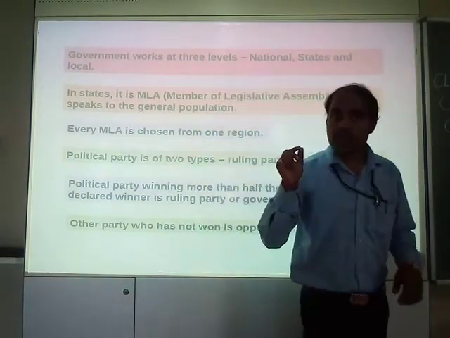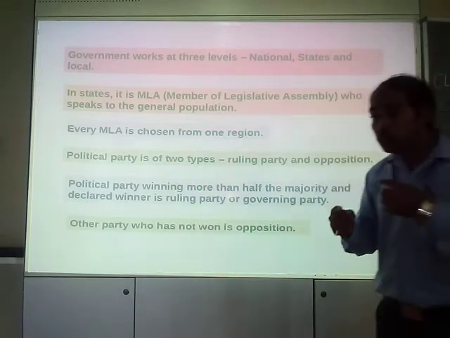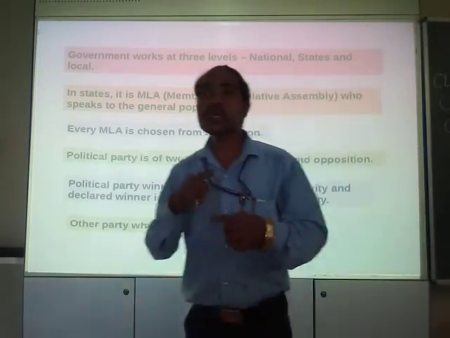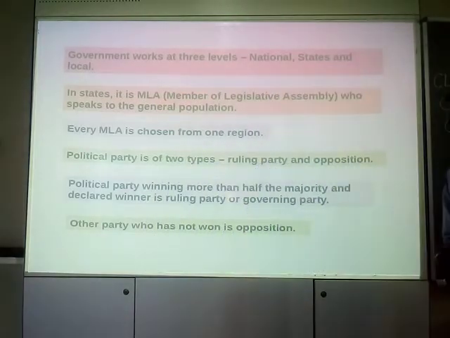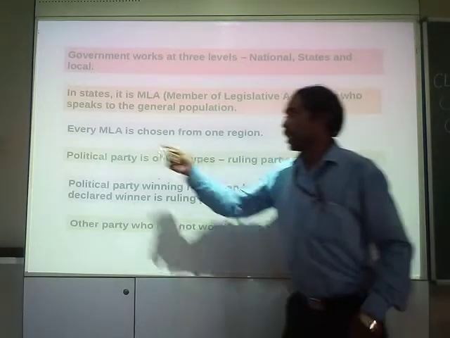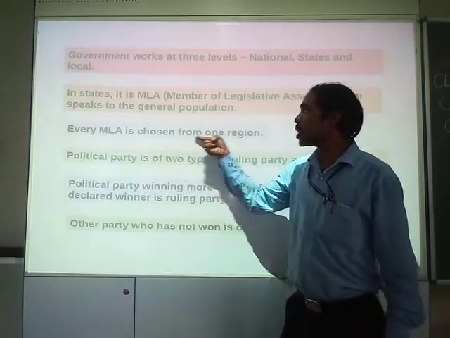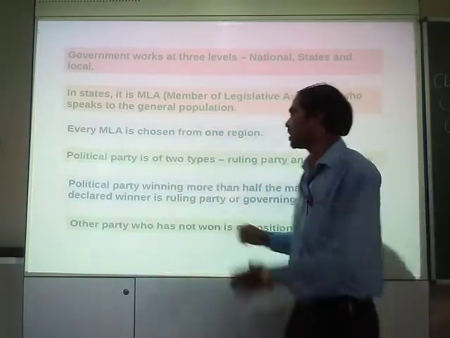It is the responsibility of the MLA to know the different problems occurring in the state. Every MLA is chosen from one region.